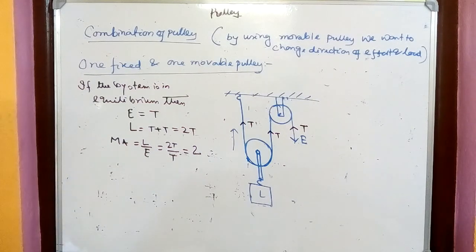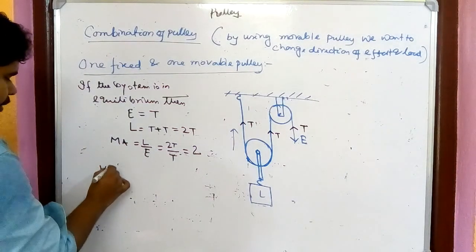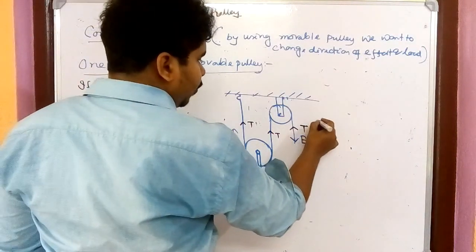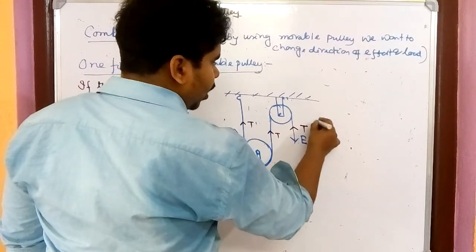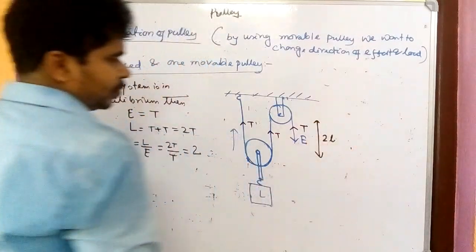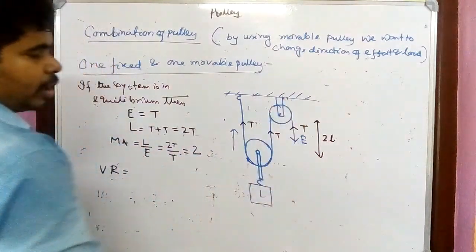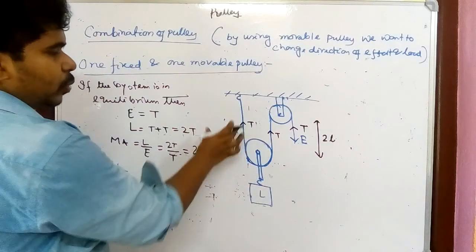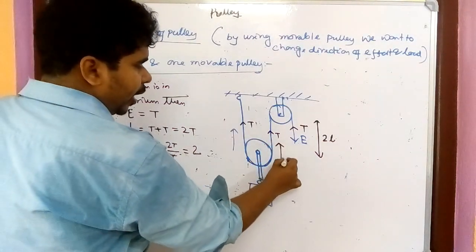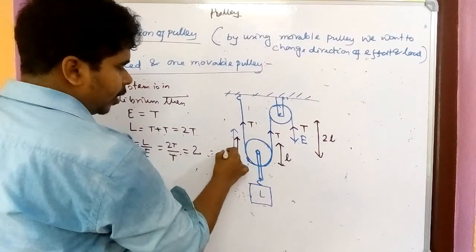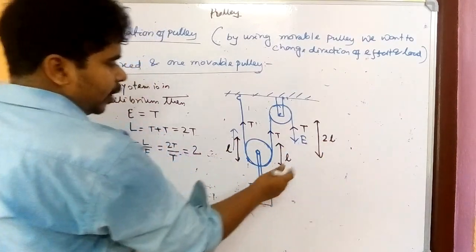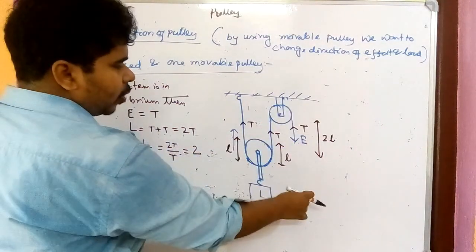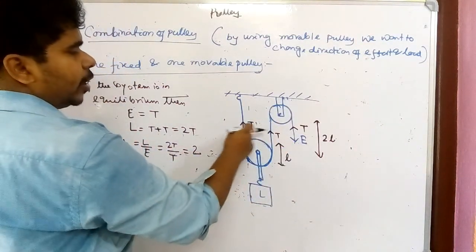Okay, now mechanical advantage is there. Now I am talking about velocity ratio. If you displace due to the effort by 2L, whatever displacement you have done here should be divided into these two parts, because there are two strings. So here it will be L, here it will be L. If you displace here 2L, the load will be displaced by L, because the displacement occurred here will just be divided into two strings.